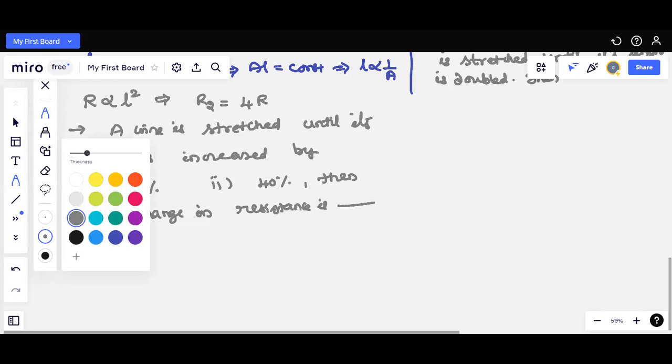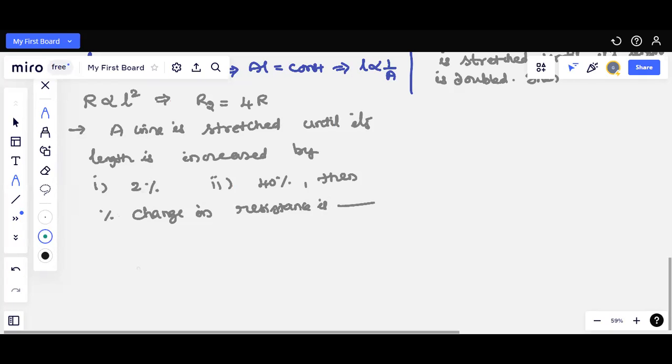How to do the first problem? I think you remember the shortcut. If the percentage is small, we don't need to do anything. Length is increased, so length power how much? 2. So 2 into 2%, 4%. I already taught in first year. Everyone remembers this model, right? When the percentage is small, stretched కాబట్టి again we use R is directly proportional to L square.